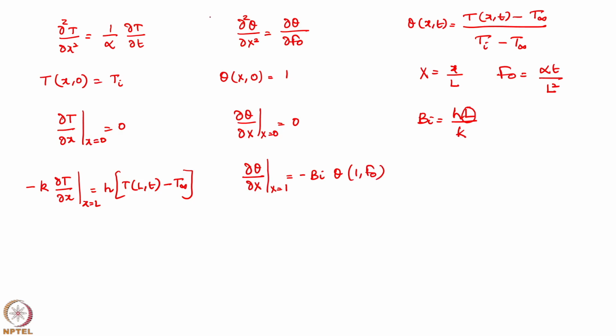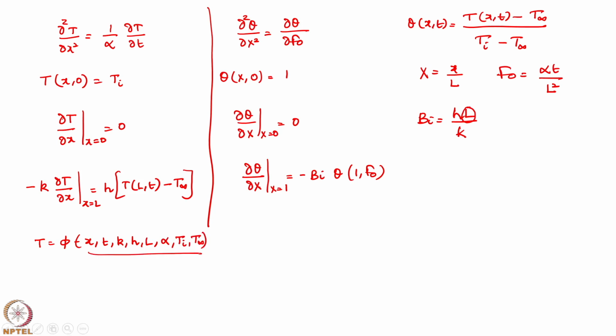So what is the beauty? Why did we do this non-dimensionalization? Because the temperature is a function of x, time, thermal conductivity, heat transfer coefficient, thickness of the wall, alpha that is thermal diffusivity, Ti the initial temperature, T infinity, so many parameters.